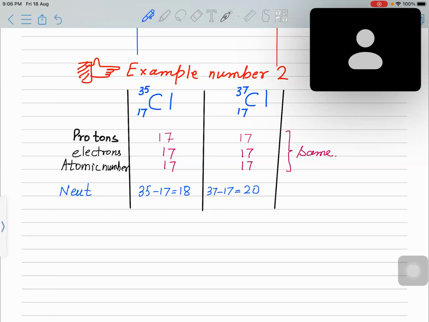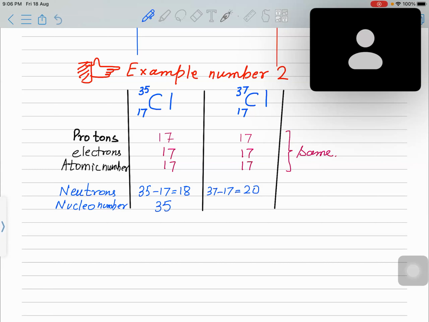Yes, the neutrons are different. And what about the nucleon number? Sir, in the first one, the nucleon number is 17 plus 18, which is 35. So 35, yes.